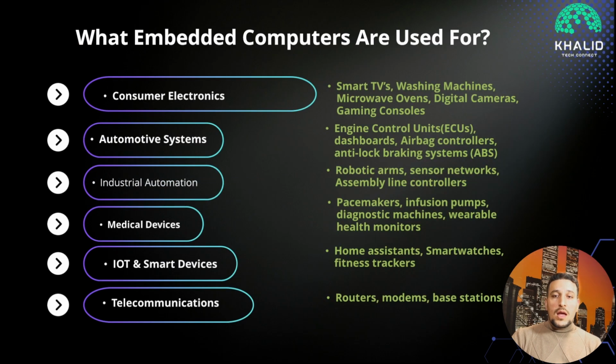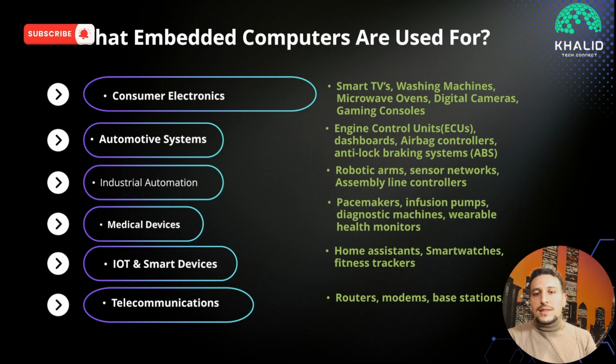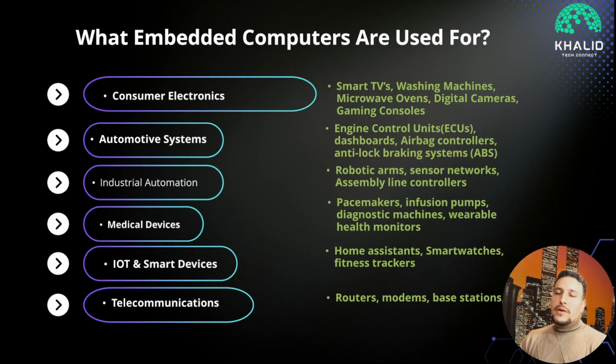So where do we use those embedded computers? We have consumer electronics like smart TVs, washing machines, microwave ovens, digital cameras, gaming consoles, and then automotive systems: engine control units or ECUs, dashboards, airbags, ABS, anti-lock braking systems. In industrial environments, we use robotic arms, sensor networks, assembly line controllers.